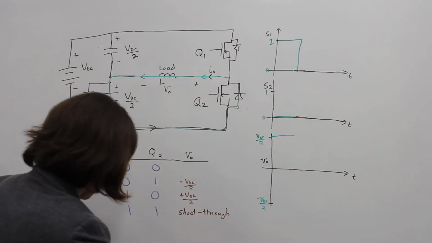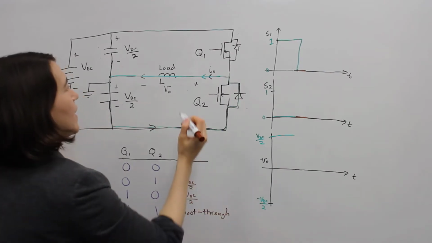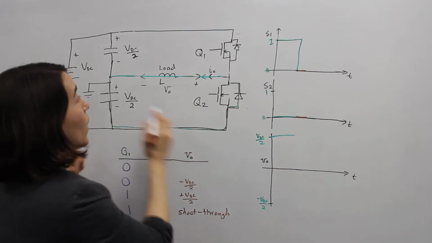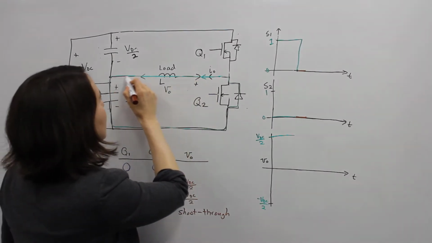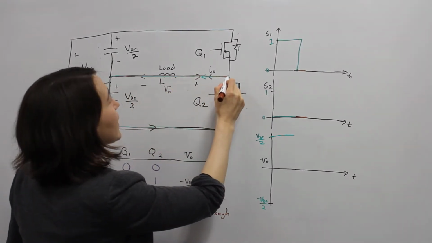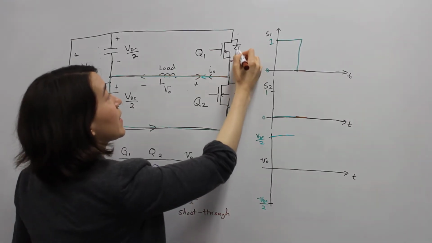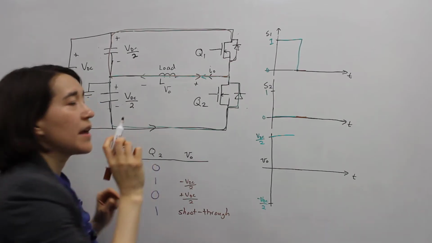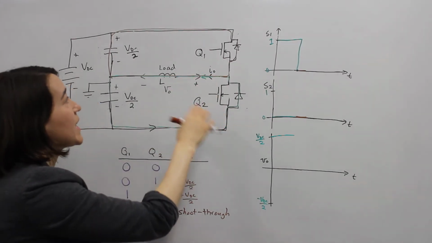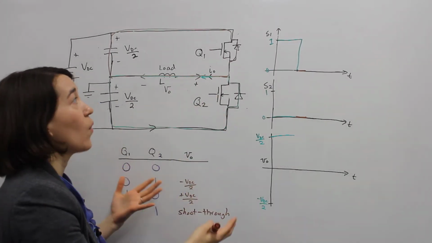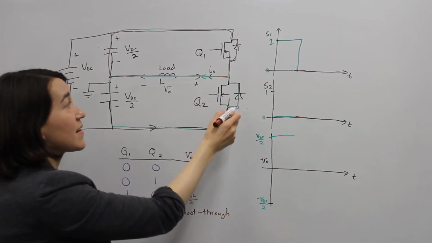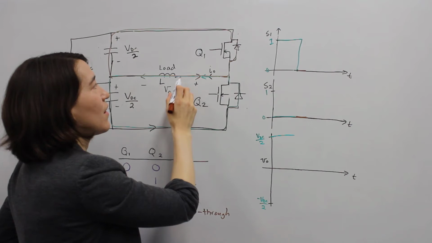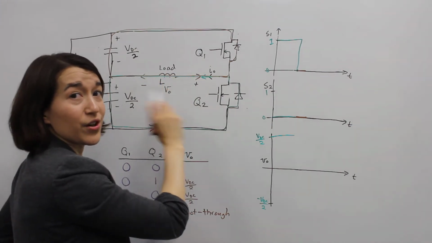If it's going the opposite direction, let's say it's actually flowing in this direction, well, that's okay too, because it can go into this diode, through this body diode, and flow in this direction. If it's flowing through the body diode, it's still going to have some voltage over the system. But as you can see, which voltage it is depends on the direction of the actual load current.